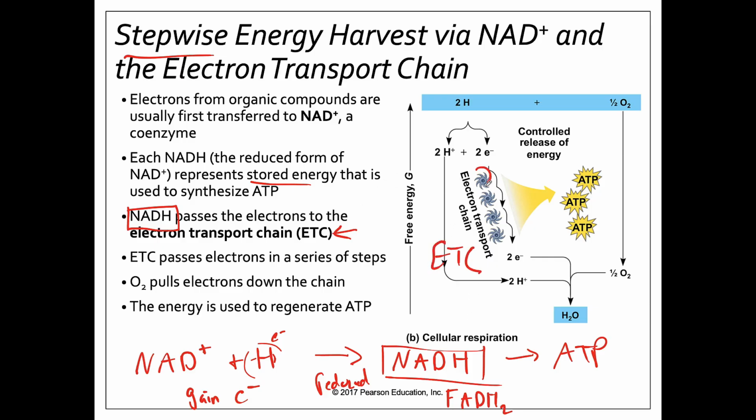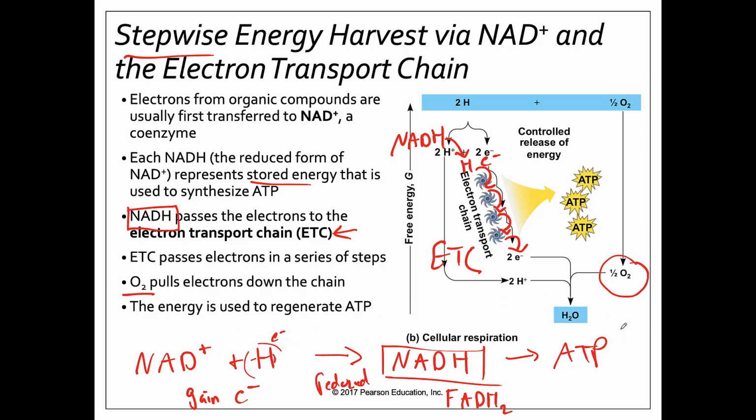And it's literally very small steps down a pathway of electrons. And at every little step, we're going to be able to generate some ATP from the NADH. So the NADH will come in and donate hydrogens and electrons, and then we'll be able to harvest the energy from there. The molecule powering this process is oxygen.